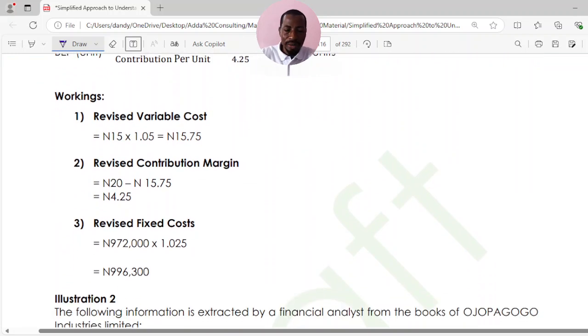So the first working we are going to do is to adjust the variable cost. Original variable cost is 15 naira. We are now told that variable cost will increase by 5%. So 5% is the same thing as 5 divided by 100, which gives us 0.05.